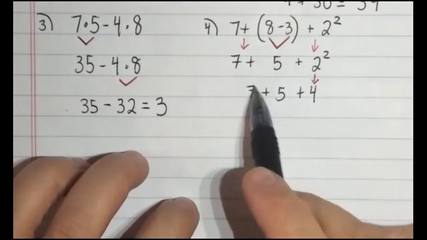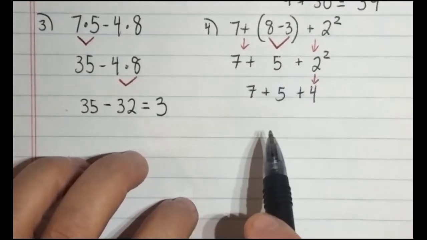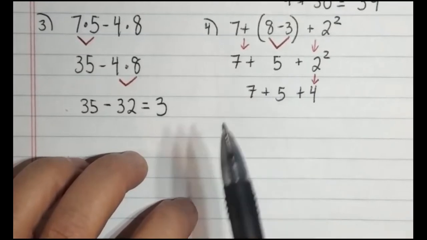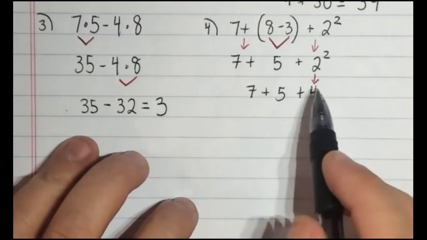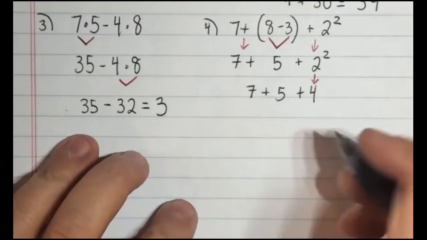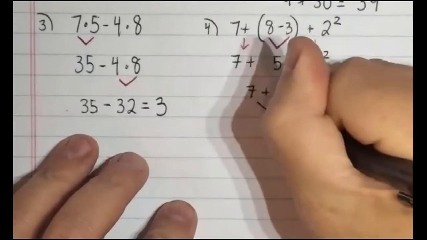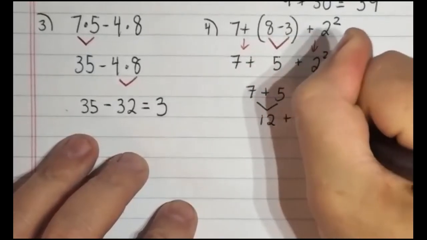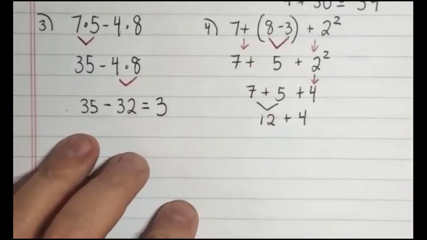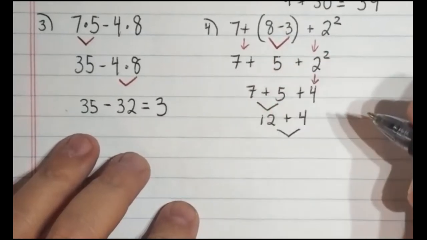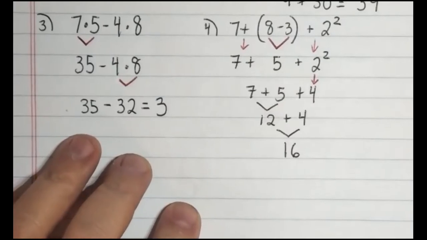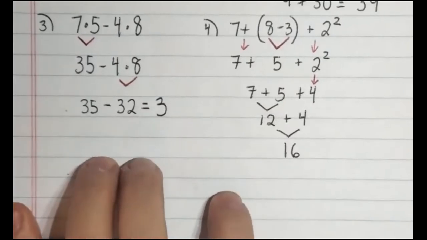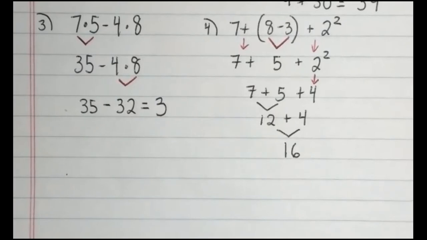Even though I do have all addition left, the rule is you do it left to right. So in other words, I don't go 5 plus 4 first, I would do 7 plus 5 first. 7 plus 5 would give me 12. I move down the plus 4, and then I'm doing 12 plus 4, and that would give me 16.